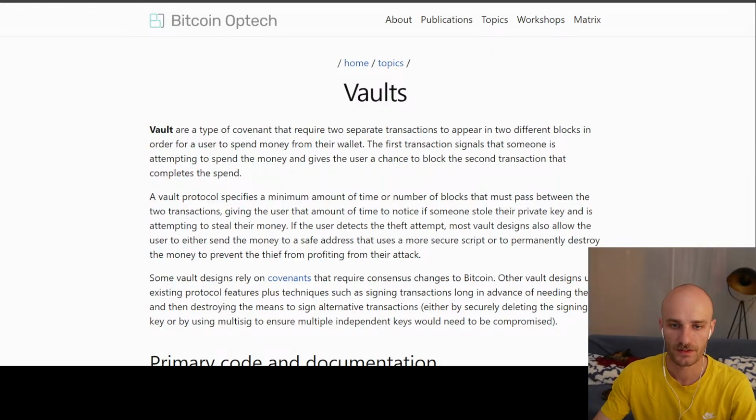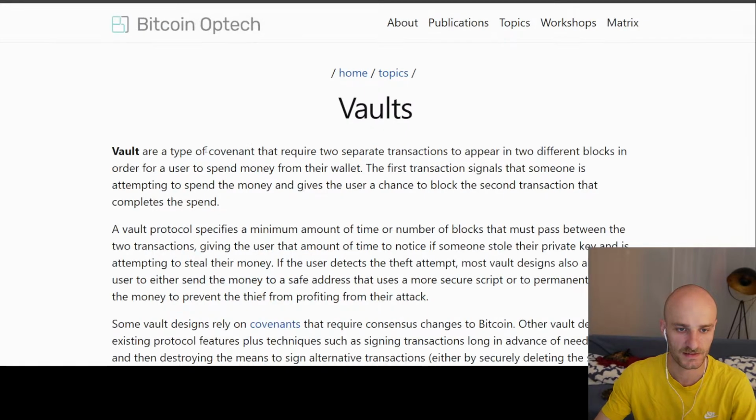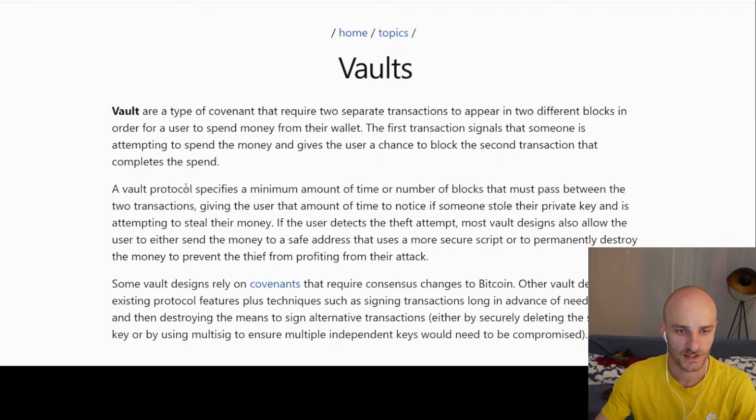Okay, therefore, as we can see here, vaults are a type of covenant that require two separate transactions to appear in two different blocks in order for a user to spend money from their wallet. The first transaction signals that someone is attempting to spend the money and gives the user a chance to block the second transaction that completes the spend.